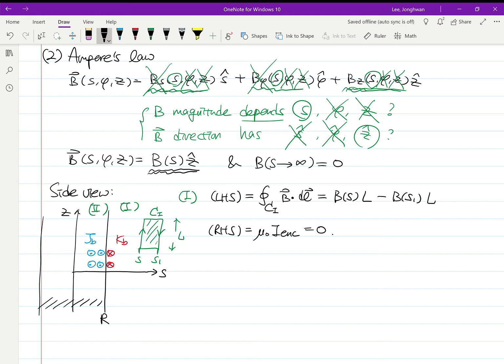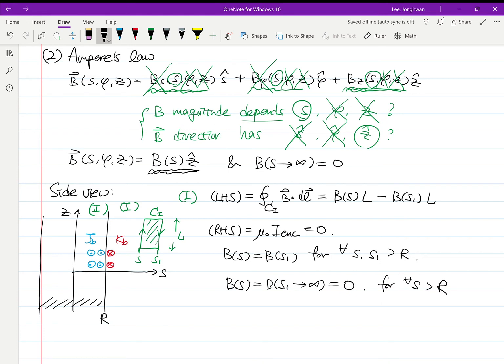It means that B(s) equals B(s1) for any arbitrary s and s1, as long as they are larger than the radius capital R. So the magnitude of the B field is uniform outside of the cylinder, and because we expect that the B field will be 0 at infinity, it will be 0 for any arbitrary s larger than the radius R.